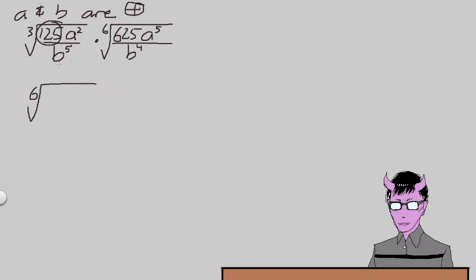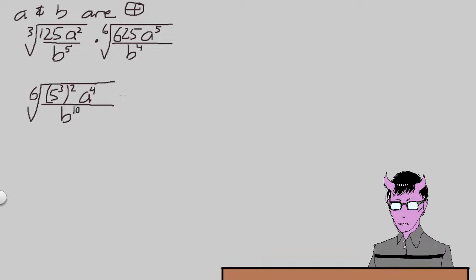This one I'll change. No, you know what? Never mind. I will change it. It'll be 5. That's the 125. But since we multiply this by 2, this one is also exponented by 2. This one changes to a to the power of 4, and then b to the power of 10.